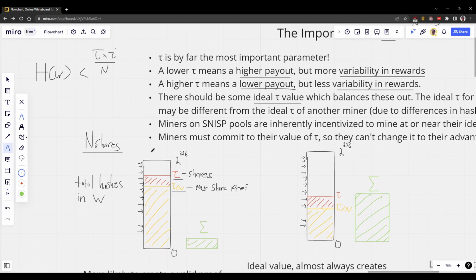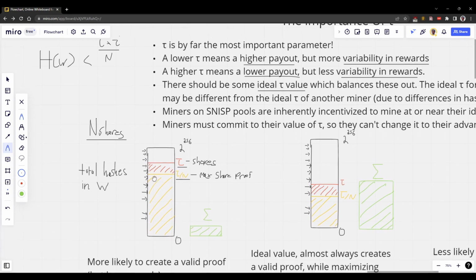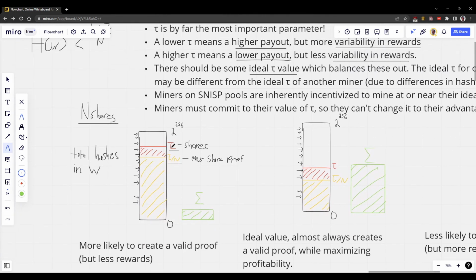Now let's look at what happens for a miner, and this is going to be for a higher value of TAW, higher than their TAW ideal. So for this miner, their TAW value is quite a bit higher than their TAW ideal. What that means is their hashes are more likely to be shares and really more likely to be super shares.